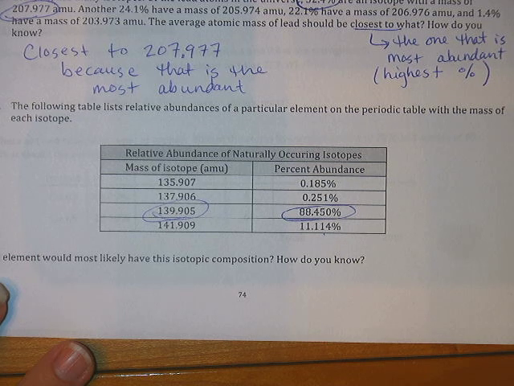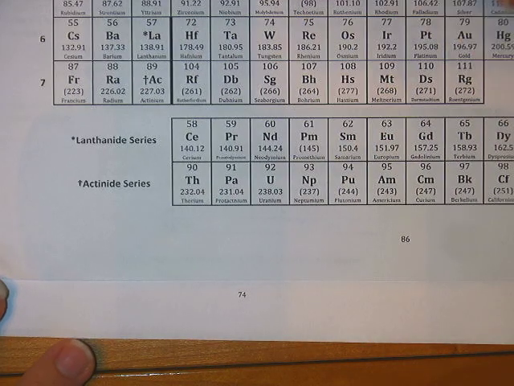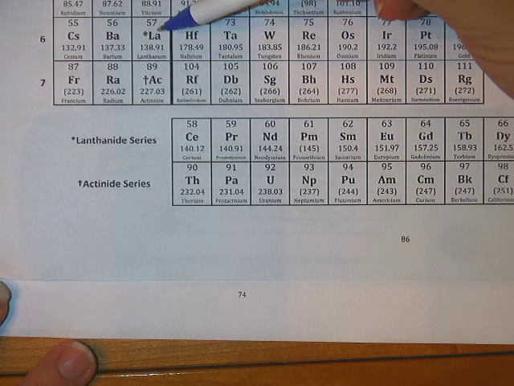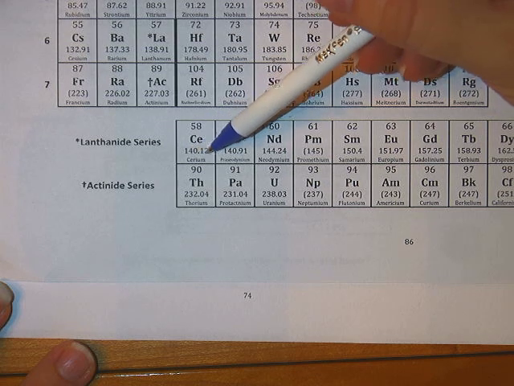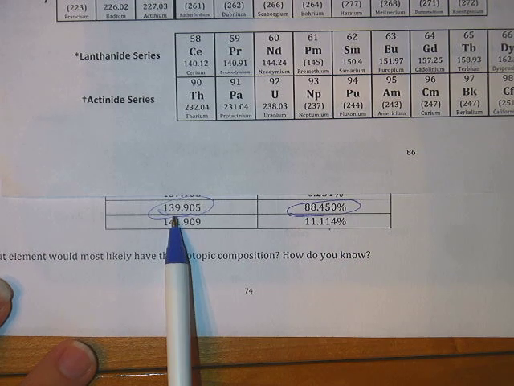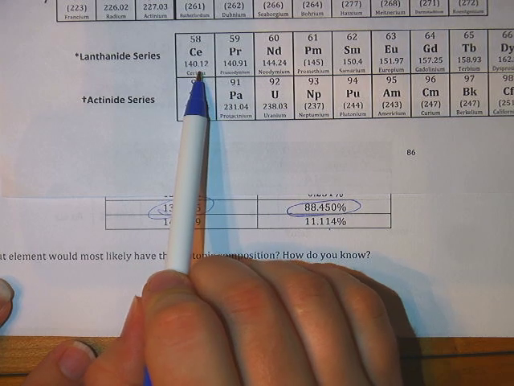And if you go look at your periodic table, you have a couple choices. There's lanthanum, which is 138.91, element number 57, or element number 58, cerium, is 140.12. Which of those is closer to 139.905? 140.12 is closer.